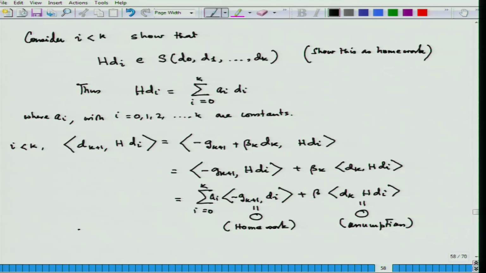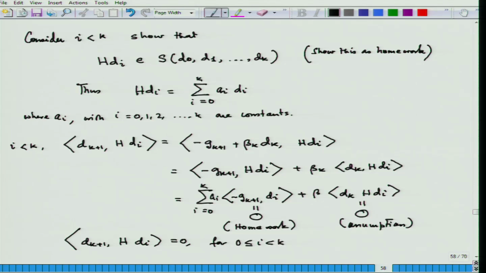So, ultimately you have d_{k+1} H d_i is equal to 0 for i strictly less than k, bigger than or equal to 0 of course, and with k I have already proved.